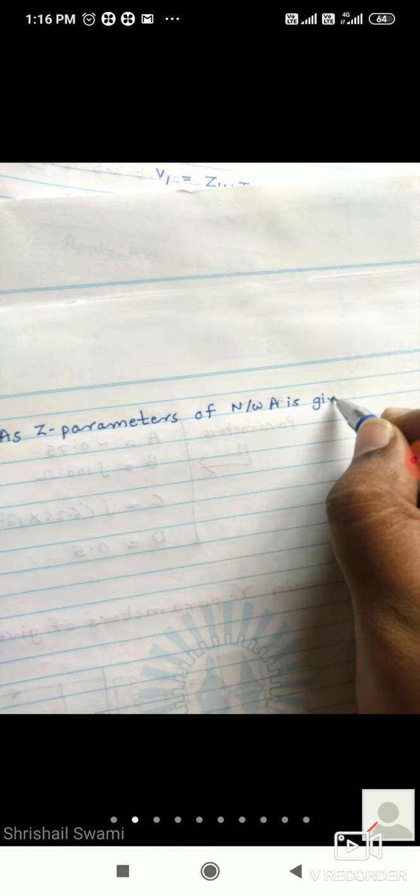Okay, so we start now, first of all we will convert. As Z parameters of network A are given, how are they given?